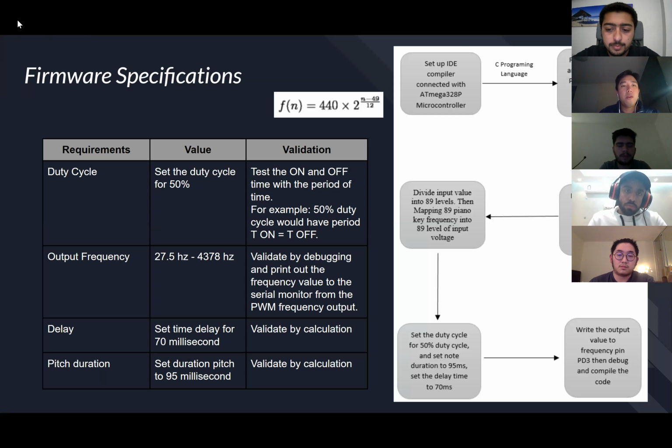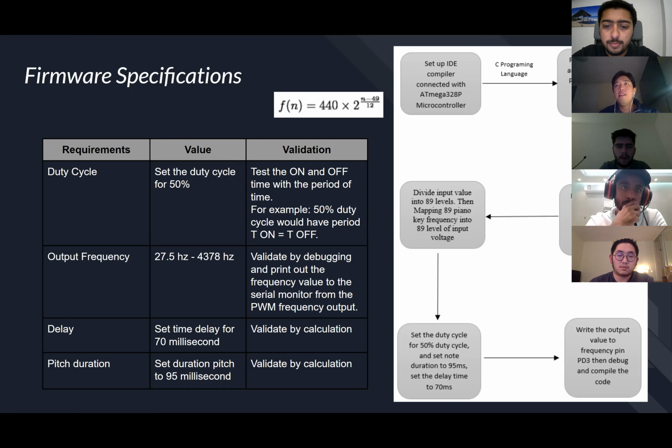And this is the firmware specification. We need to set up the IDE compiler which will be connected to the Atmega microcontroller. We then start mapping the input analog from 0 to 4.5 volts DC to the input value level from 0 to 1023 by value. So we have a total of 1024 input values. After that, we divide this 1024 input value into 89 levels of input voltage.